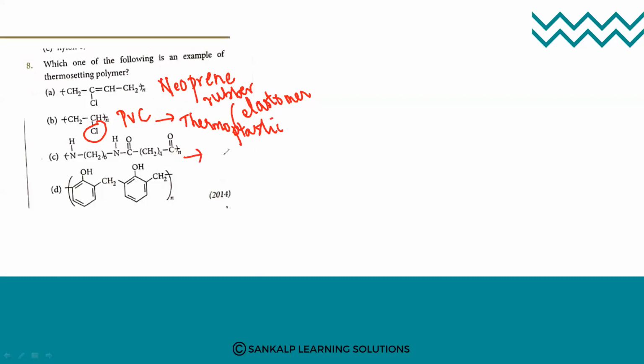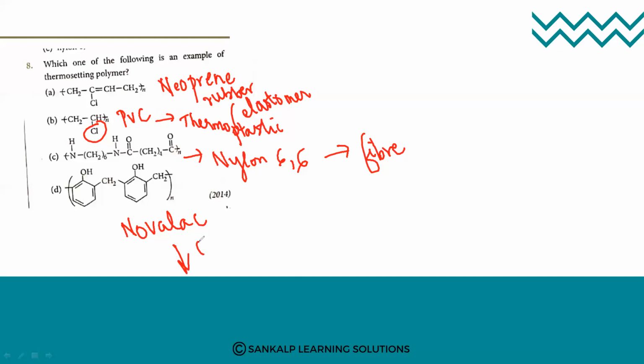It is nylon 66. Nylon 66 is a fiber. Next is Novolac. So with Novolac, what happens? They will undergo cross-linking to produce bakelite.